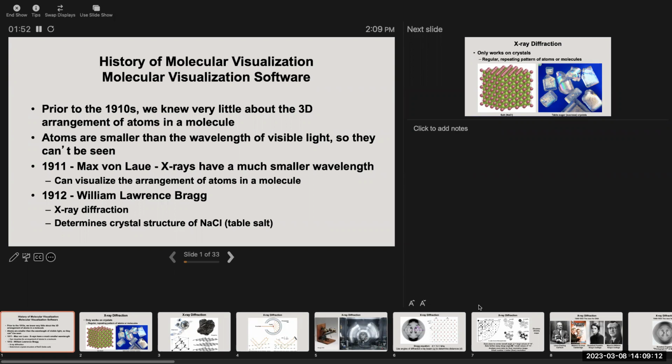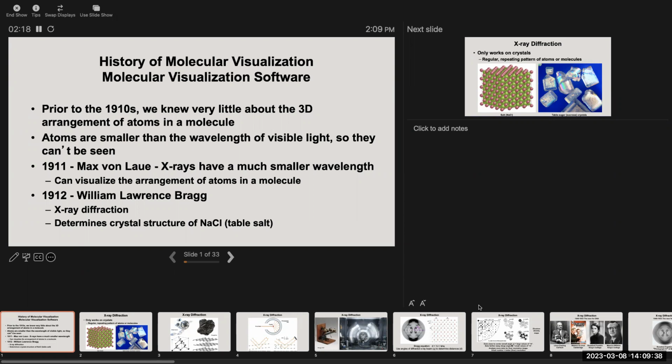So if you go back to the early part of the 20th century, prior to the 19 teens, we knew very little about the three-dimensional arrangement of atoms and molecules. We had some sense of the 3D structure of some molecules. There was a chemist named Emil Fischer who came up with something called a Fischer projection, which explained some of the optical properties of molecules.